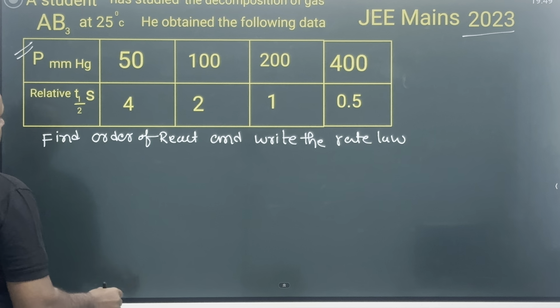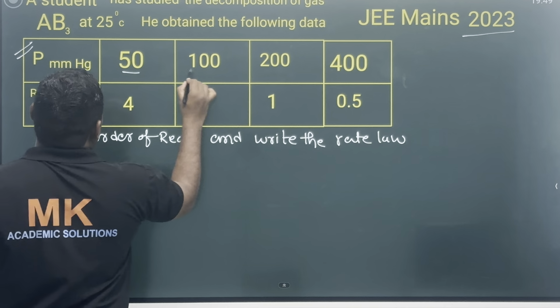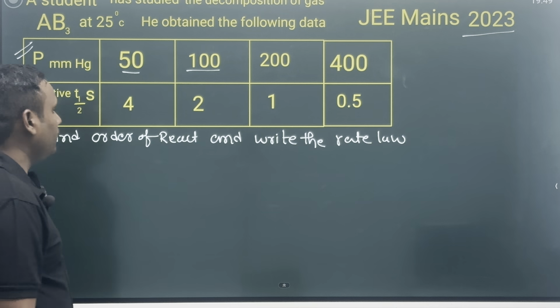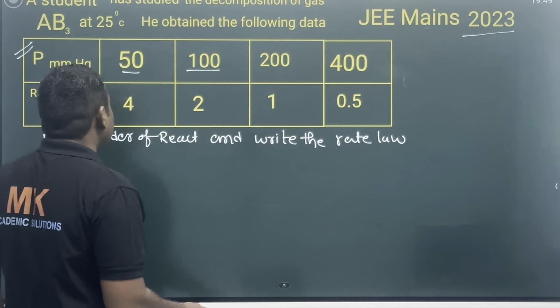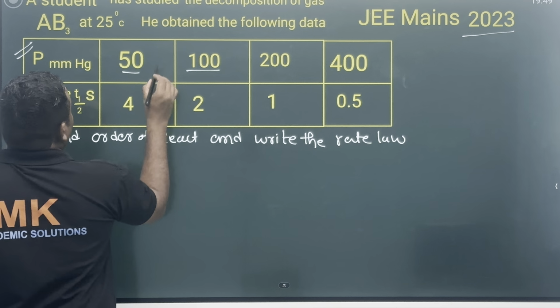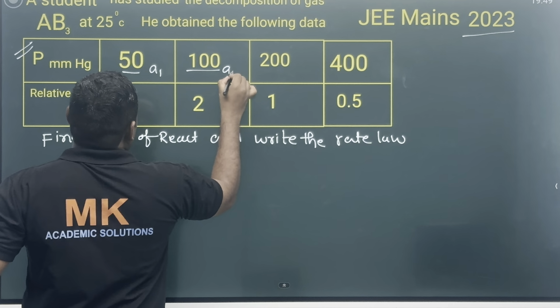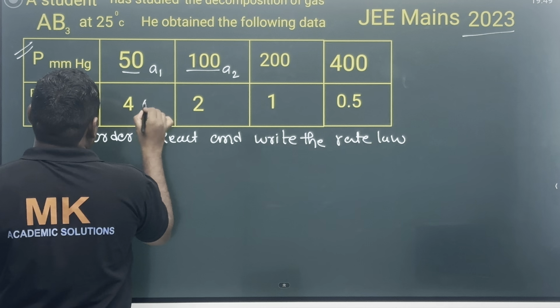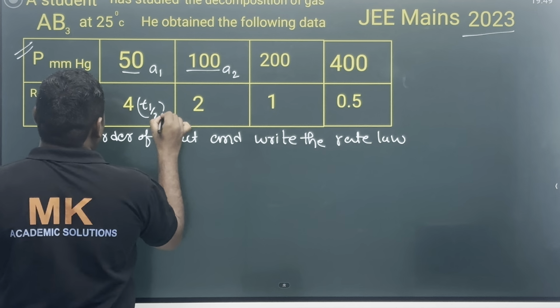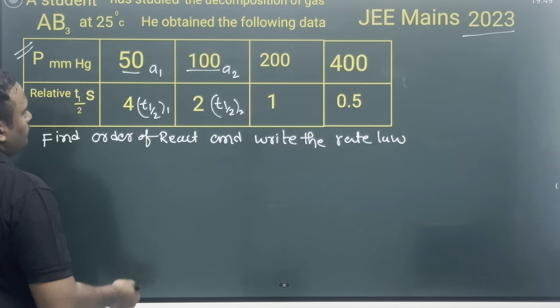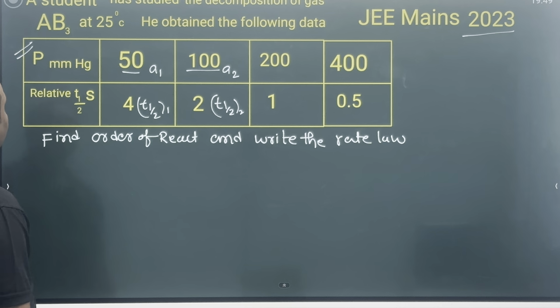Now let us consider 50 and 100. These two we are going to take. So let us consider this is the initial concentration A1, this is the initial concentration A2, you can consider this T half 1 and you can consider this as T half 2. Okay. So now do the question.